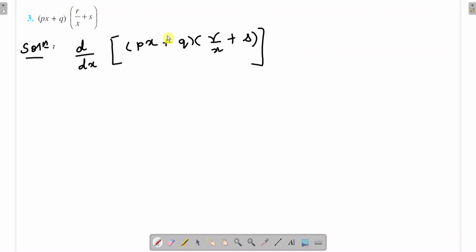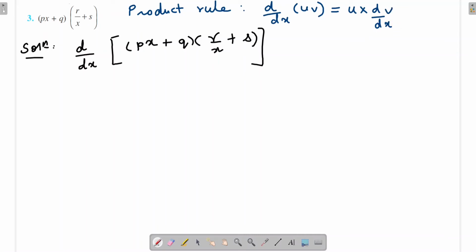Now here you have to know the formula, that is the product rule. Derivative of uv, the derivative of the product of two functions, is equal to the first function multiplied by the derivative of the second one, plus the second function multiplied by the derivative of the first one.